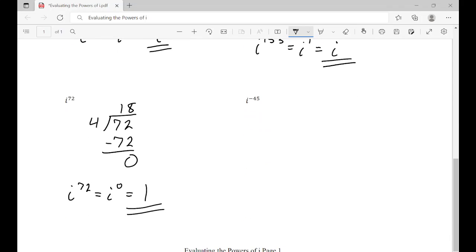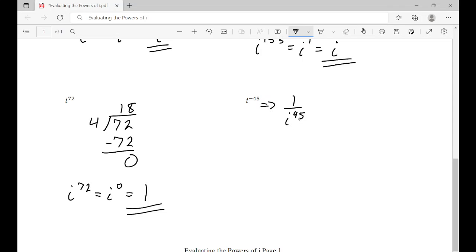Now the last one, i to the -45th power. This is a weird one because we have a negative number. So what would this one be? Well, we don't like negative exponents, so let's get rid of the negative exponent. We're going to call it 1 over i to the 45th.